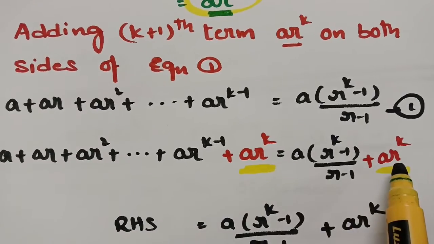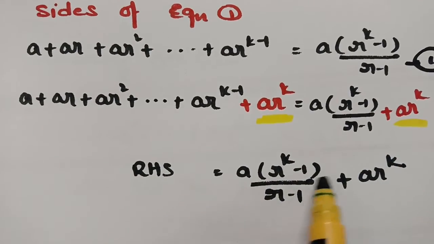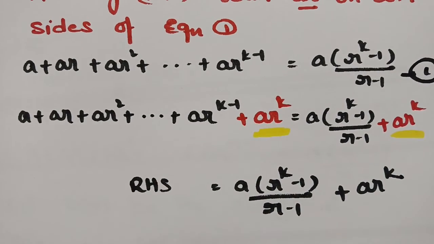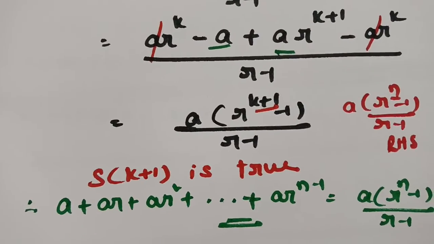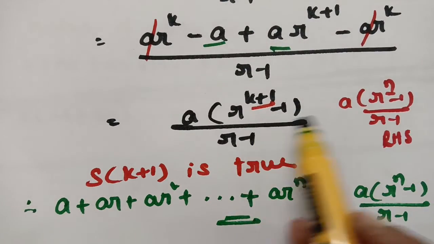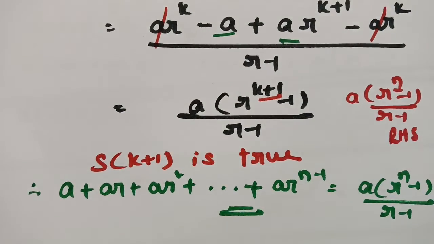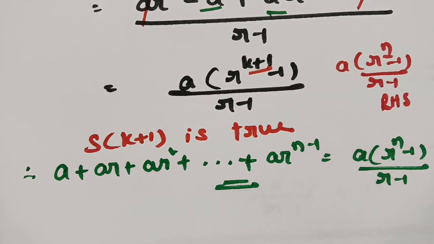And after adding this k plus 1th term, this will be the RHS part. After solving the RHS part, we have got an answer which is equivalent to when n is kept as k plus 1. Therefore, it is true for k plus 1. So it is true for 1, 2, 3, k plus 1 and so on, and therefore it is true for every natural number. Therefore, the given equation is true according to mathematical induction.